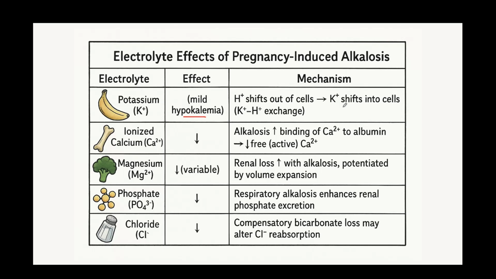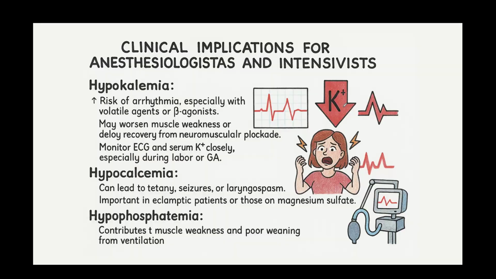For magnesium, there is also a variable reduction due to increased renal loss with alkalosis, and it is also potentiated by plasma expansion. Respiratory alkalosis also enhances renal phosphate secretion, and compensatory bicarbonate loss may also alter chloride reabsorption.